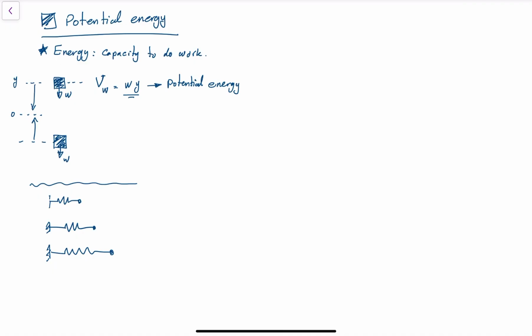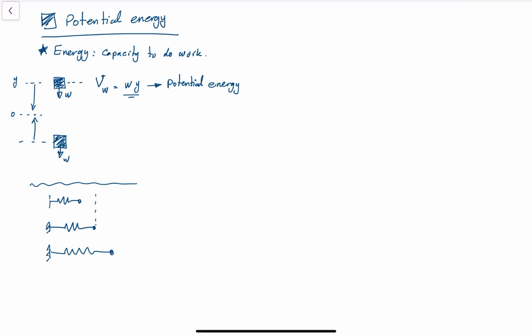And in this case, just because the length of the spring has changed, I accumulate this capacity inside the spring to do work. And we saw the amount of work was related to 1/2 times the spring stiffness times change in length squared.